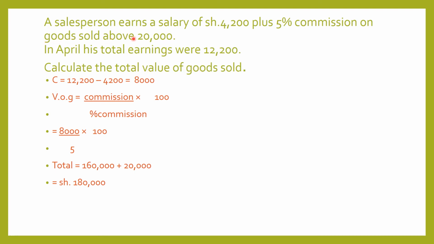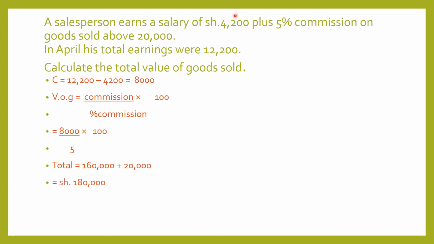So forget this 20,000 for now. Let's concentrate on our formula first. I'll show you how you use the 20,000 later. Value of goods sold is equal to commission over percentage commission times 100. Very easy. But what is the commission? Ask yourself: if the basic salary is 4,200 and in April the total earnings were 12,200, it means that there is some commission that this person was given.